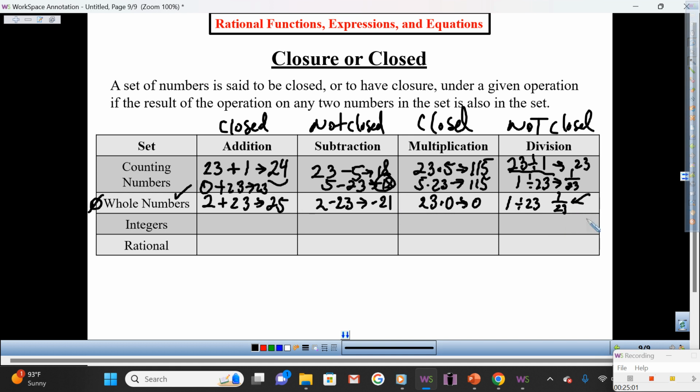Okay. So we get the idea of where we're going with this. So for tonight, I want you to come up with an example for rationals, rational expressions or rational numbers, for addition, subtraction, multiplication, and division, and to see if they're closed. And if they're not closed, give me the example of not being closed, all right?